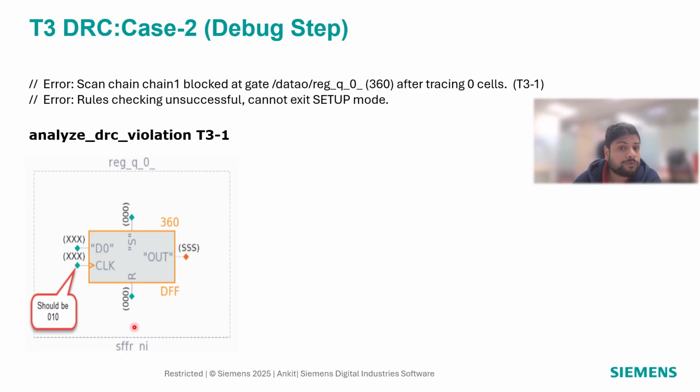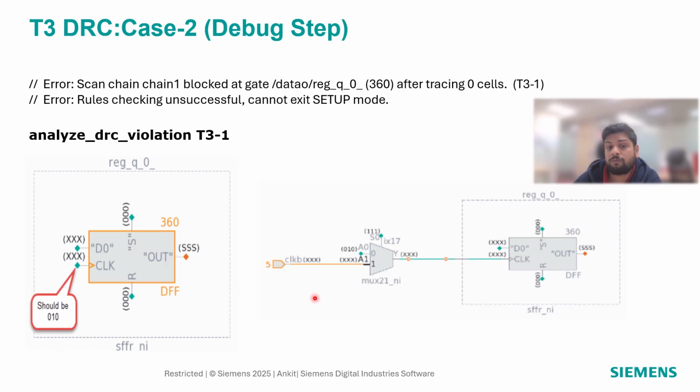Now, when we observe the schematic, we see the clock is going to X, but during tracing, the clock should actually pulse. While tracing, we see it is coming from clock B. This clock should pulse, but instead the tool is seeing an X value. Since the clock is undefined, tracing can't continue and therefore the tool reports T3 DRC.